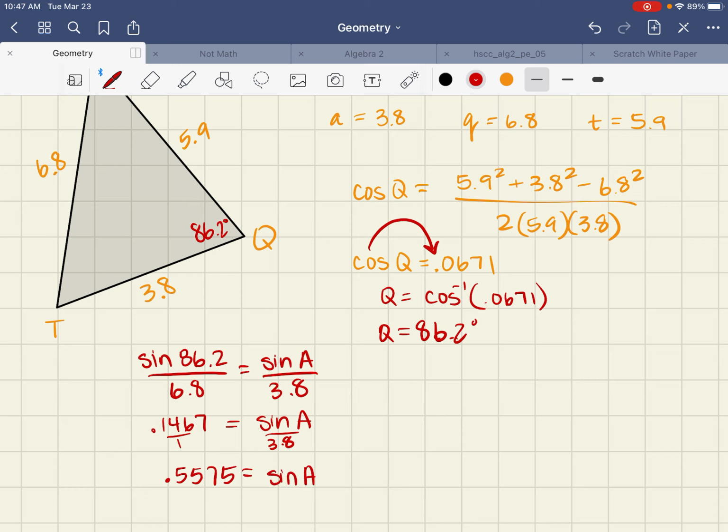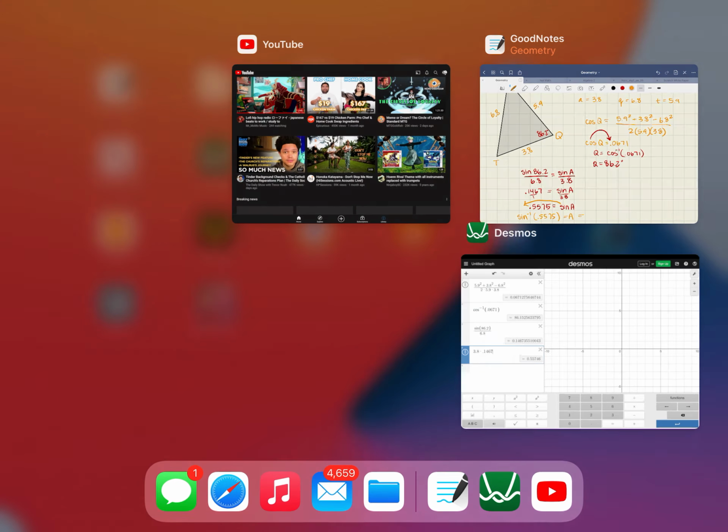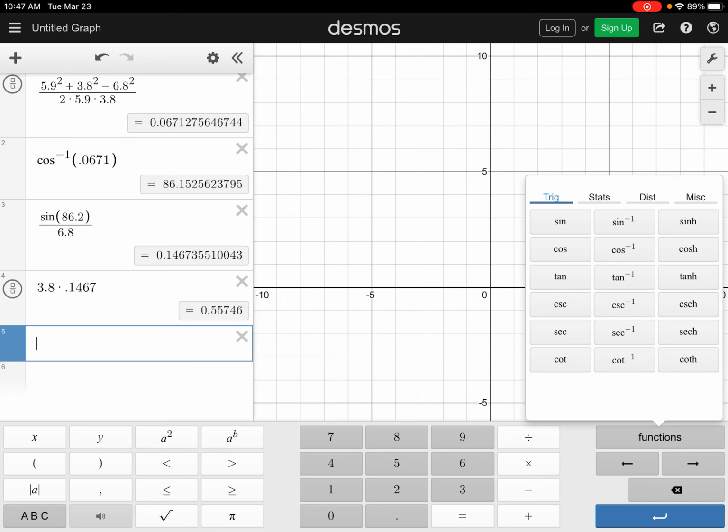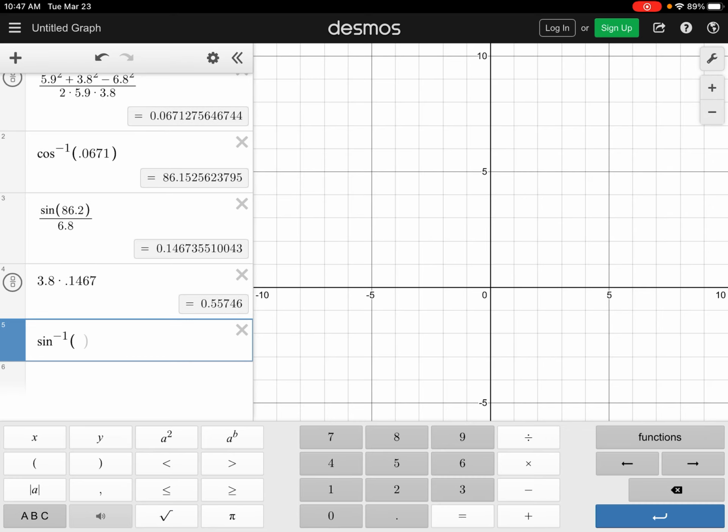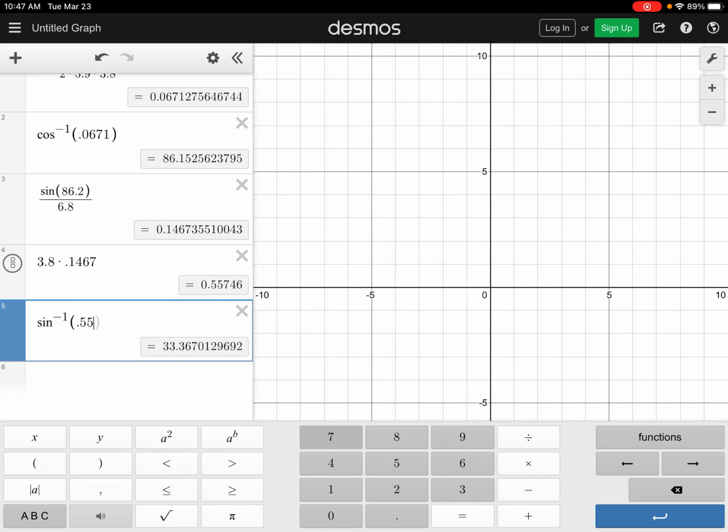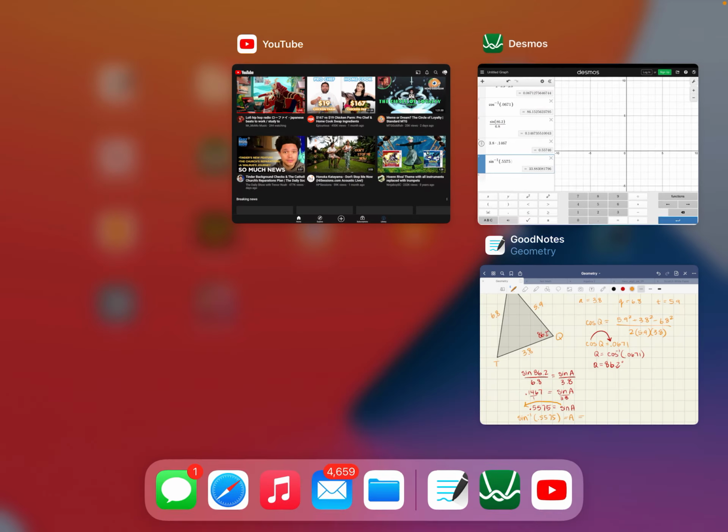But we're solving for A, not for sine A. So we're going to move that sine over there, making it inverse. We go sine inverse of 0.5575, and that is what A is. So we're going to take out Desmos, plug that in, and find out what we get. Sine inverse of 0.5575, and we get 33.9 degrees.